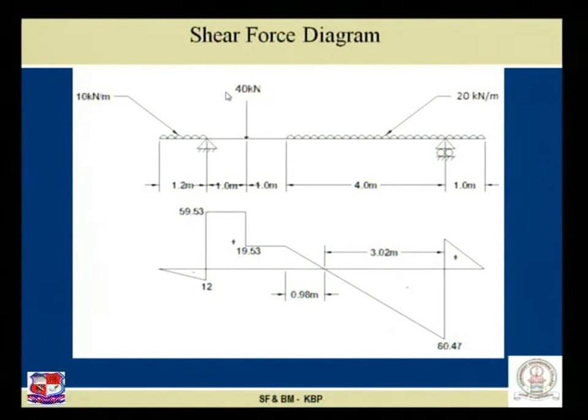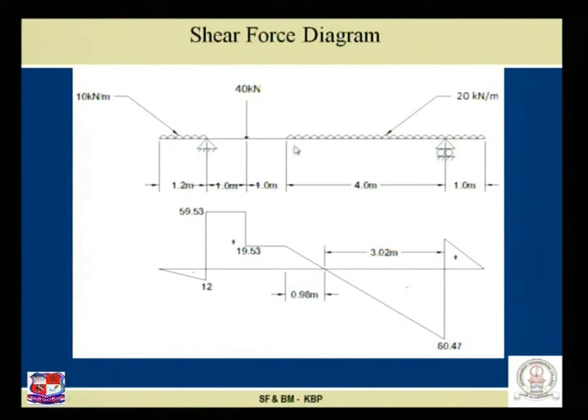Next, between this point and this point there is not a single load. Variation of the shear force diagram is given by a horizontal straight line. So whatever the value of shear force over here, the same value you can achieve over here.